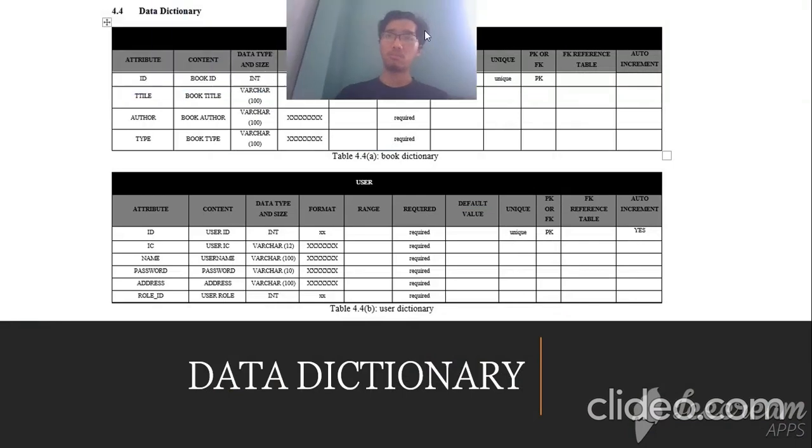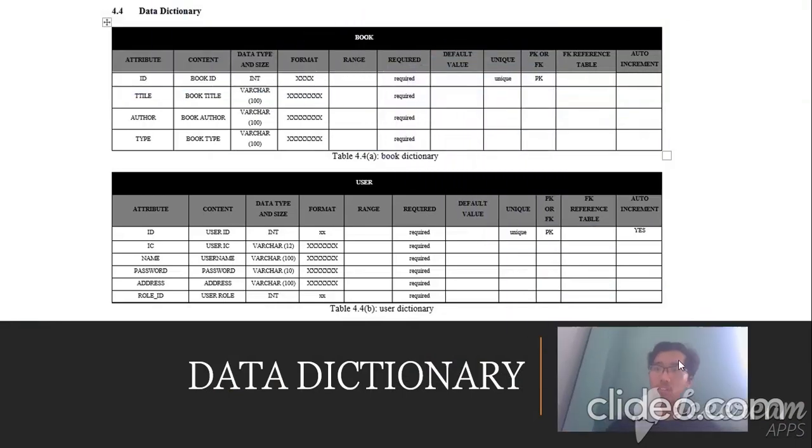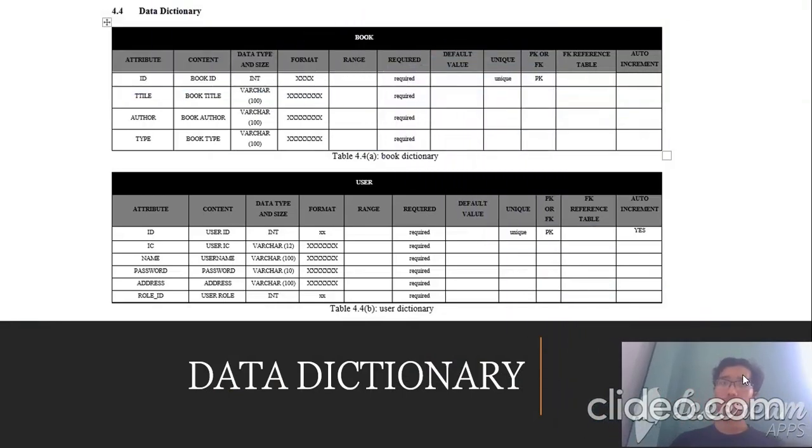This is the data dictionary from the ERD tables. ID, title, author, and type from the book are all required, and the ID from the book is unique, and the primary key is the ID from the book.